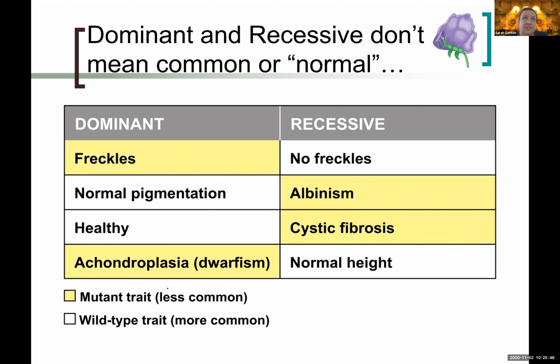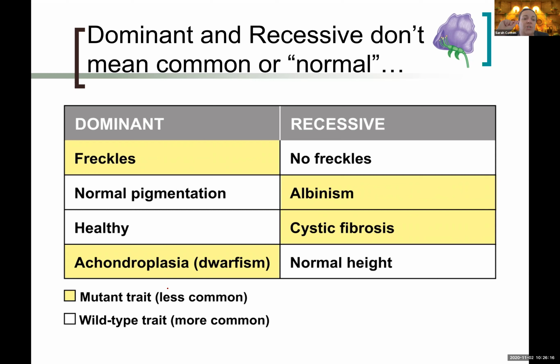Do you have a good definition in your head of what it means if an allele is dominant as opposed to an allele that is recessive? What does that mean? Right? So a dominant allele is one that is expressed in a heterozygous individual, right? Recessive alleles can be covered up by dominant alleles in a heterozygous individual.